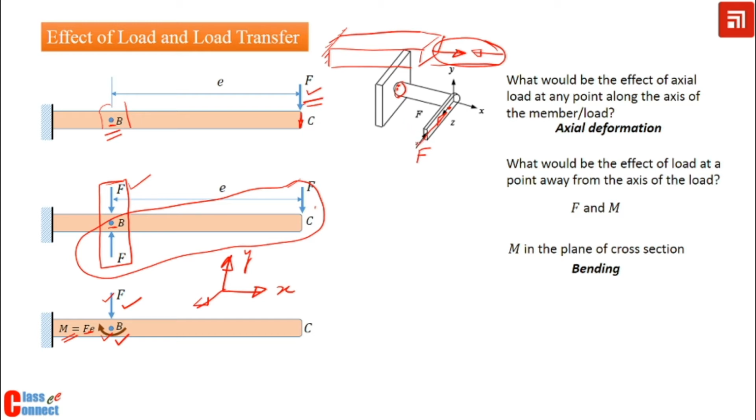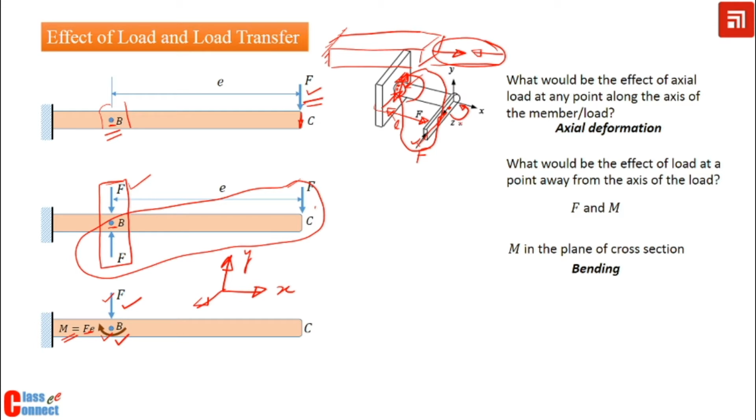So if I shift this force F here, then, for example, if this length is L, then F into L would be the moment that is acting in this particular direction, and this force will constitute a couple, and this couple is acting in xz plane like this.